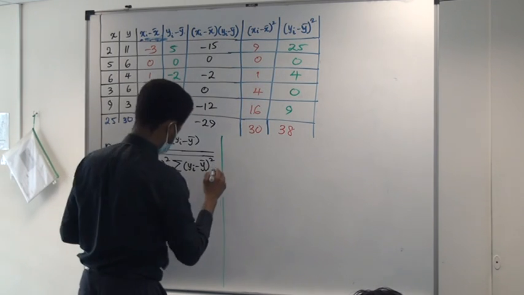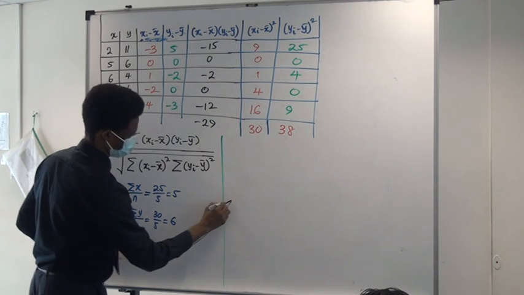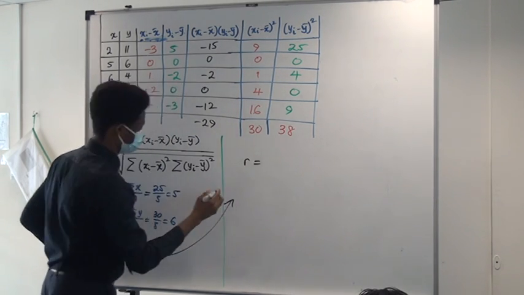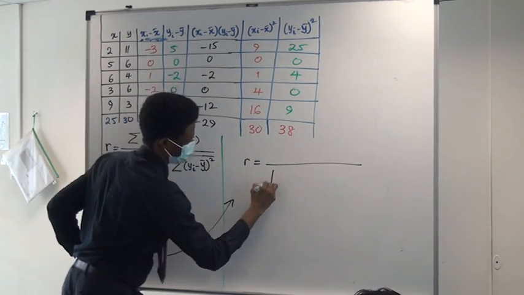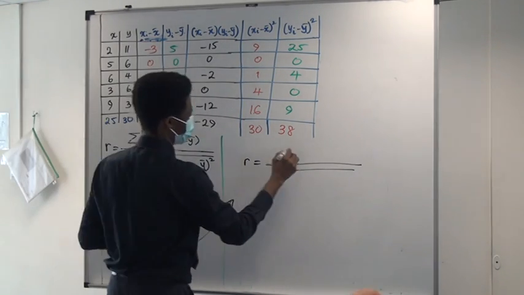So R is equal to the summation here. This is easy, -29.